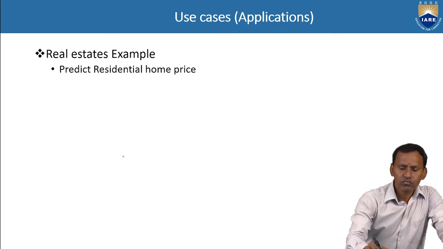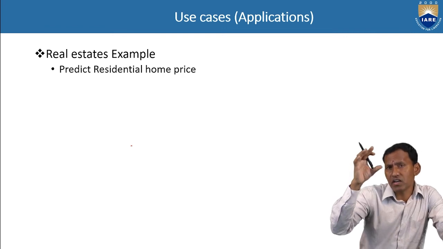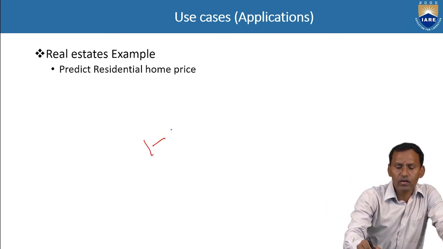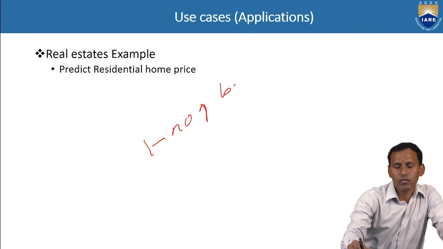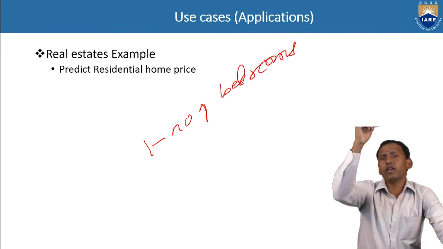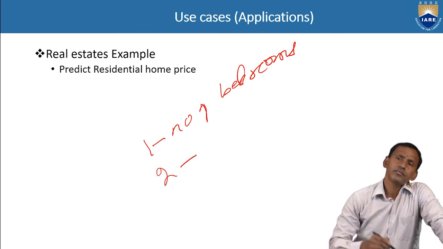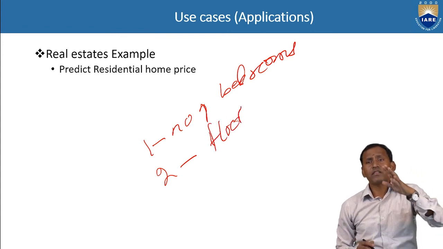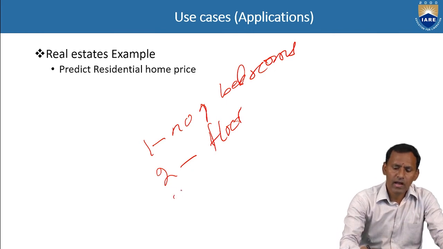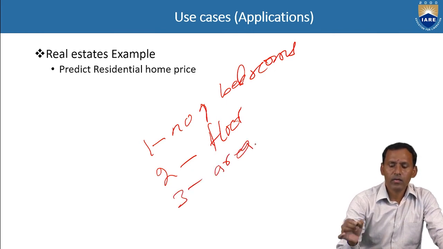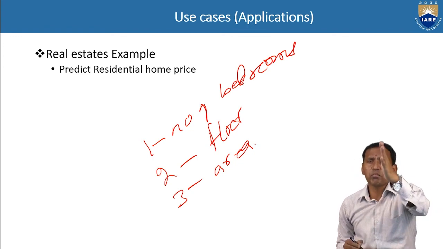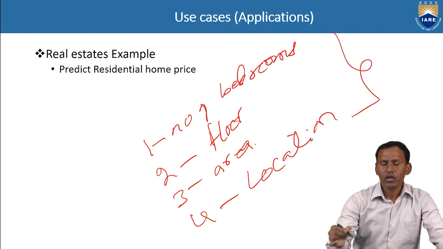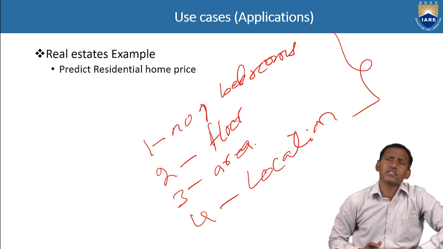For example, to predict the home price, the independent variables may be the number of bedrooms, that is one independent variable, and second, the floor, at what floor you want to take a flat, and the area of the flat you are going to buy, and the fourth point, location. So these many parameters are there to predict a residential home price.